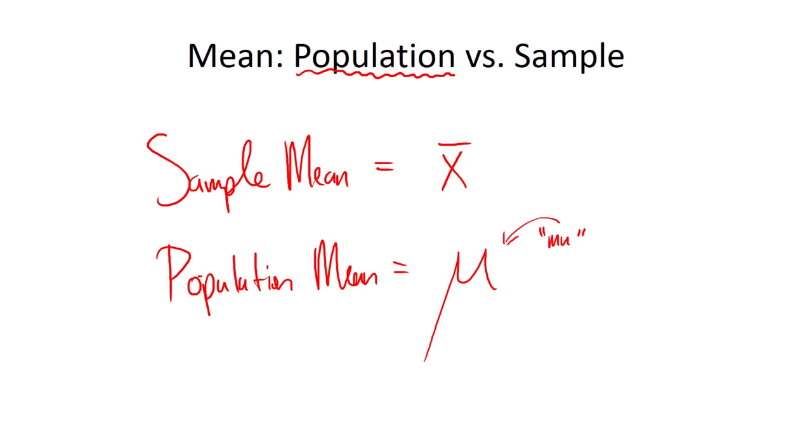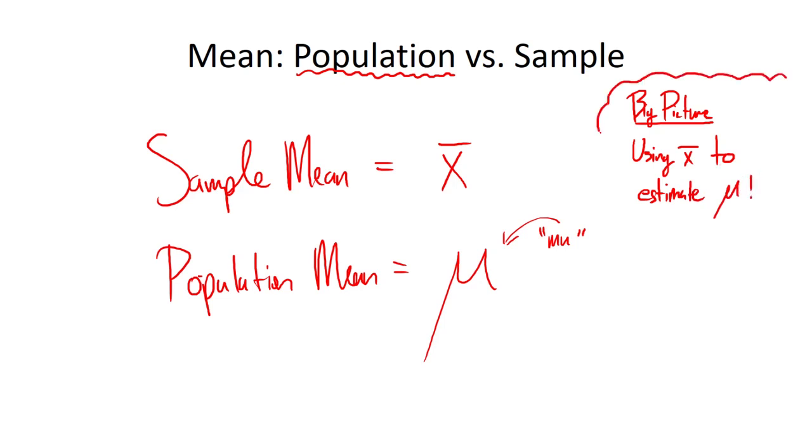But typically, in the big picture of statistics, what we're doing is using x bar in order to estimate mu, right? That's how it connects to the big picture.